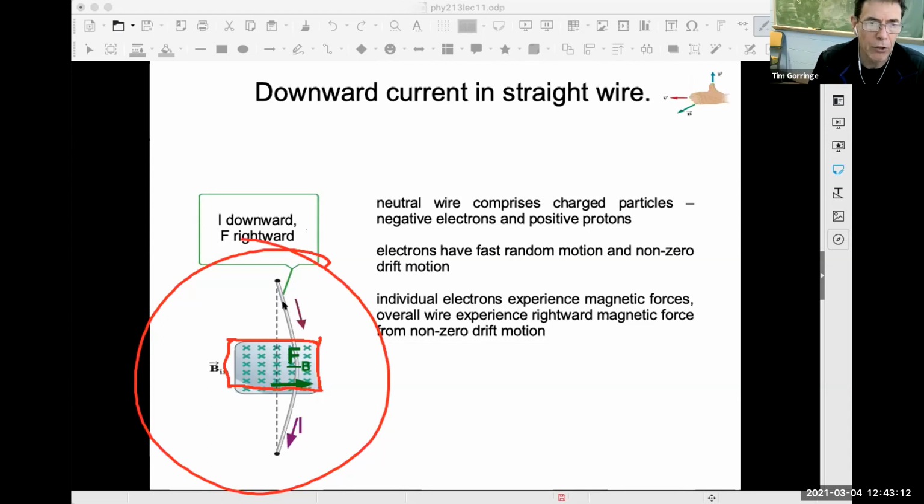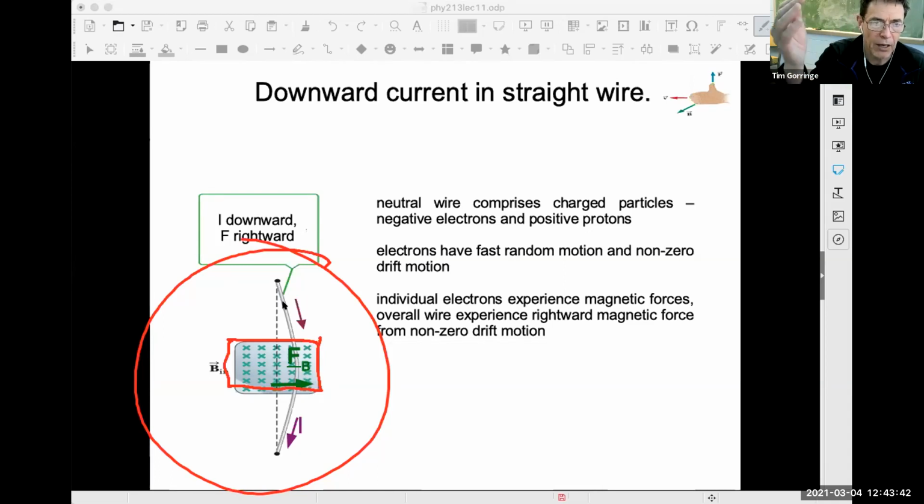The random motion creates random magnetic forces on the electrons and protons that cancel out. However, the drift motion of the electrons creates coordinated magnetic forces on the electrons, which deflect the wire. And we can again figure out the direction of the deflection with the right hand rule.